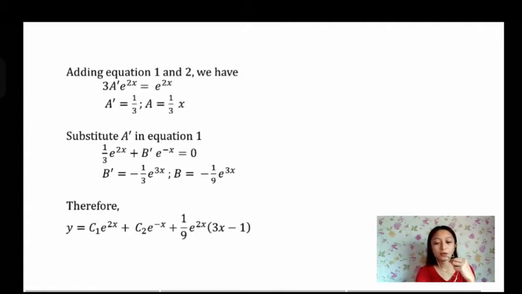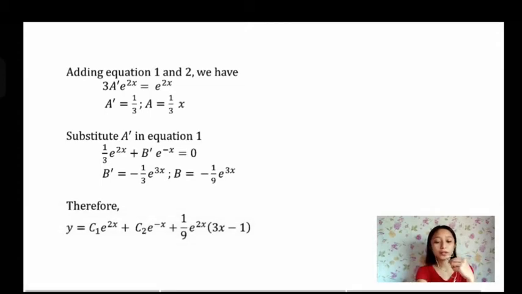So the answer is 3a prime e^2x equals e^2x. So a prime equals 1 over 3, and a equals 1 over 3x.